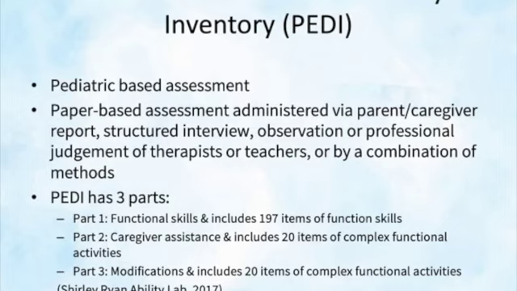You'll see this in just a second, what the different parts are, but personally, I think this assessment is really cool because it does look at the assistance and modification level, whereas a lot of assessments don't explicitly look at that. So I think it's cool that it's already addressing the environment and modifications that are needed to help the child be the most successful that they can be.